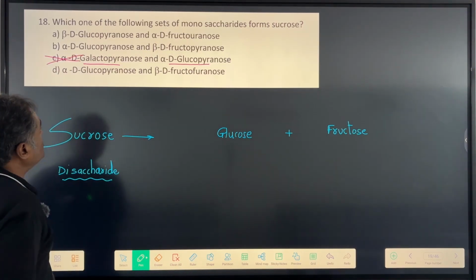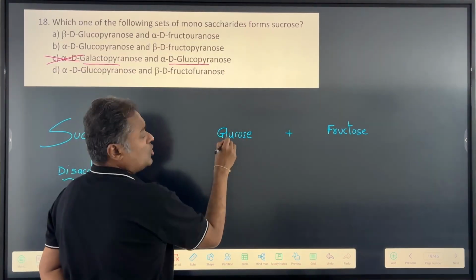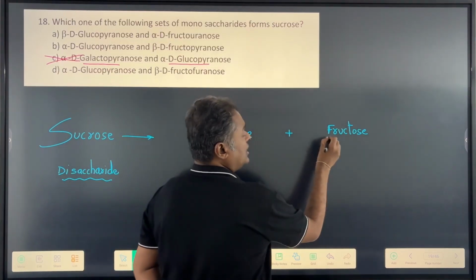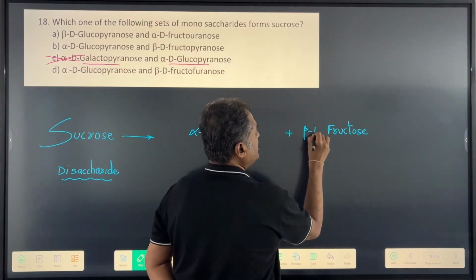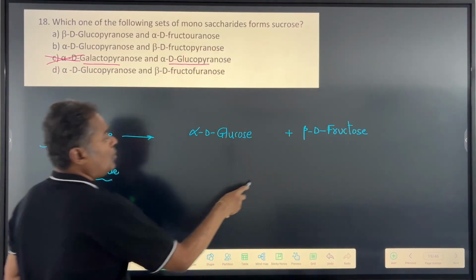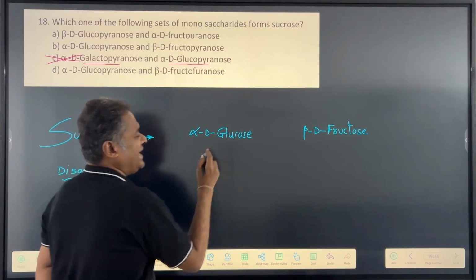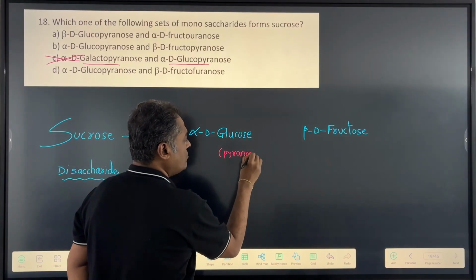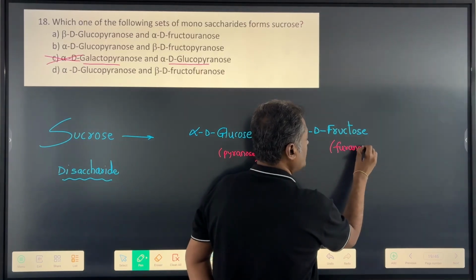Now the next important part: the glucose we use is alpha D glucose, whereas the fructose present in sucrose is beta D fructose. Correct? Not only this, child, one more important point: your glucose is in a 6-membered ring form, which is called the pyranose form, and fructose is in a 5-membered ring, which is the furanose form.